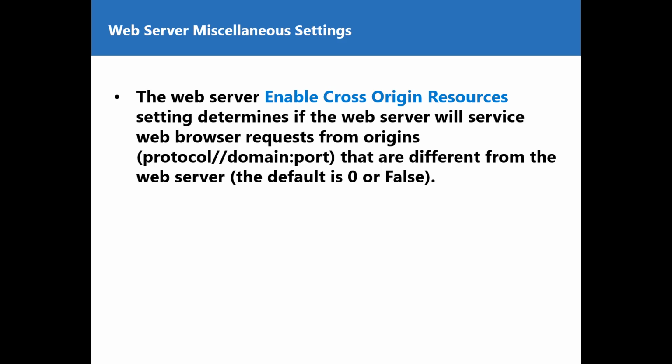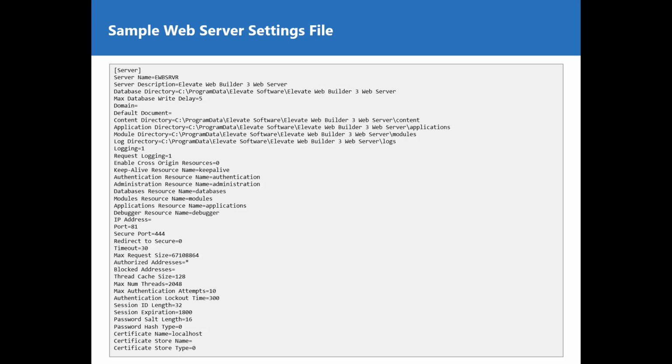The default for this is 0, but if you do enable it, it would allow you to service such requests. And in most cases, you don't want to enable it unless you actually know that you need it.